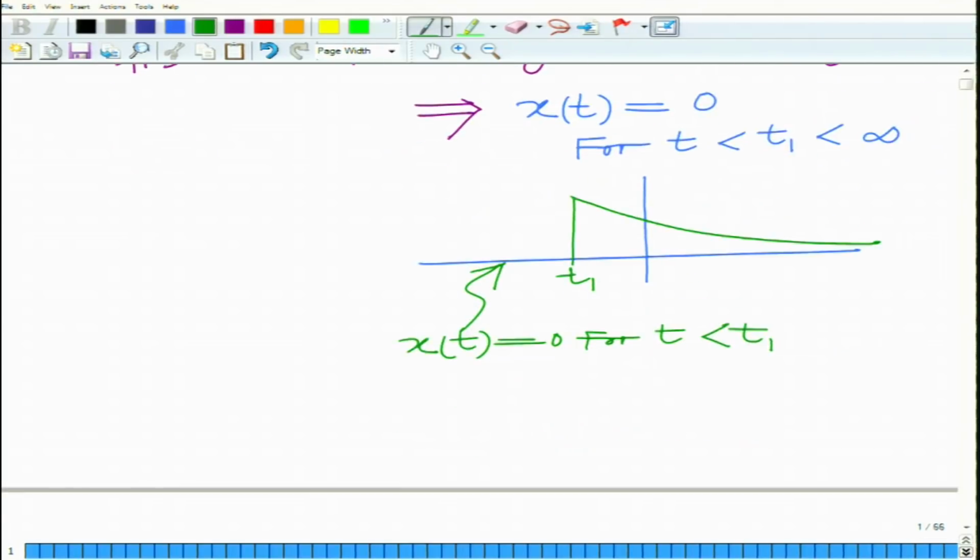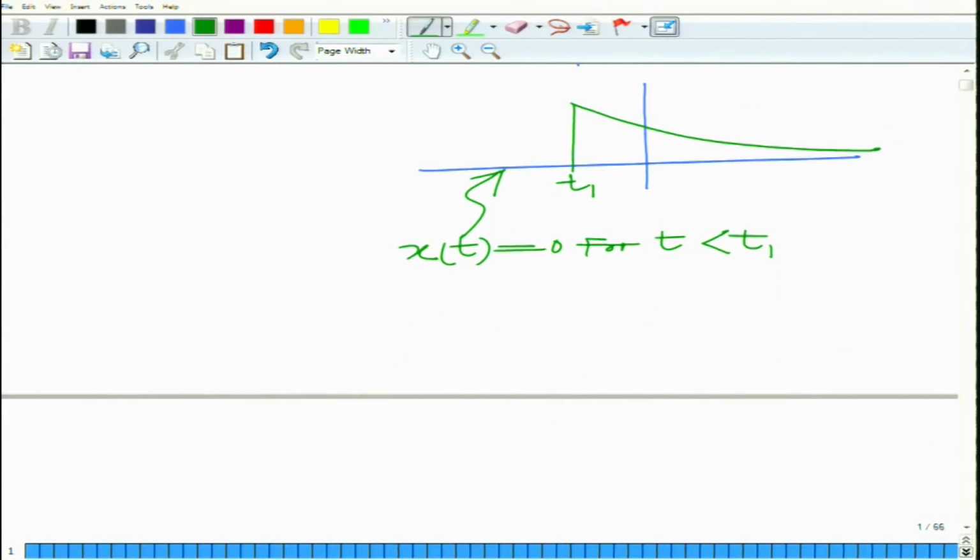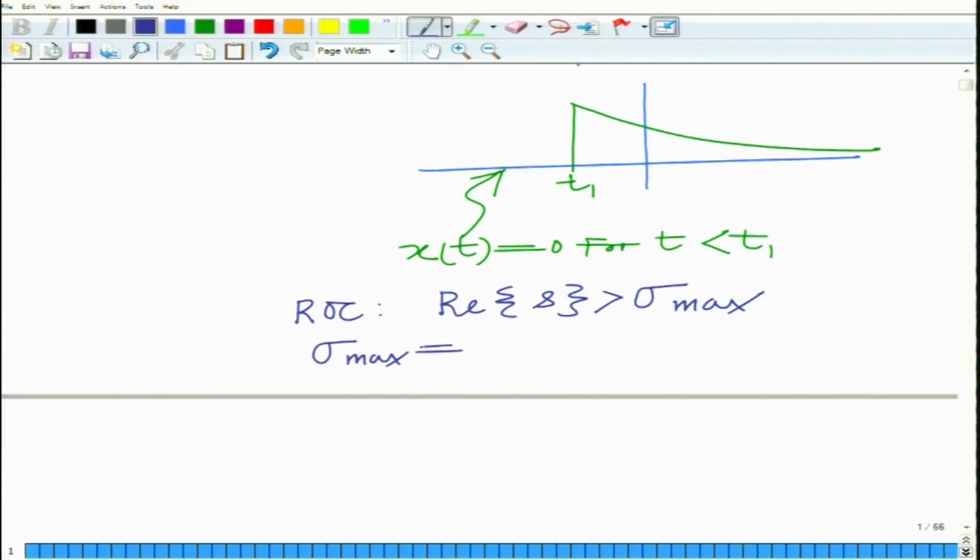For this kind of signal, for a right handed signal, the ROC is of the form real part of s greater than sigma max, where sigma max equals the maximum of the real part of the poles of X(s), the Laplace transform.